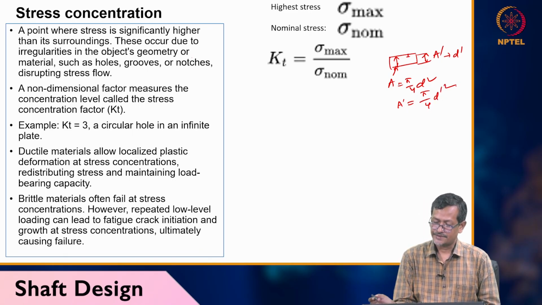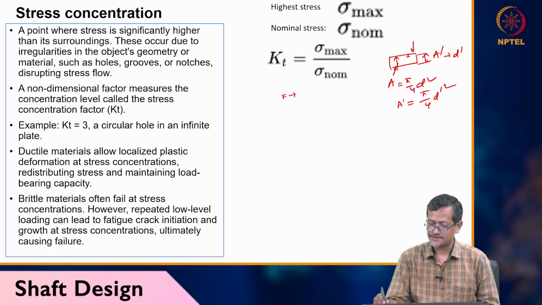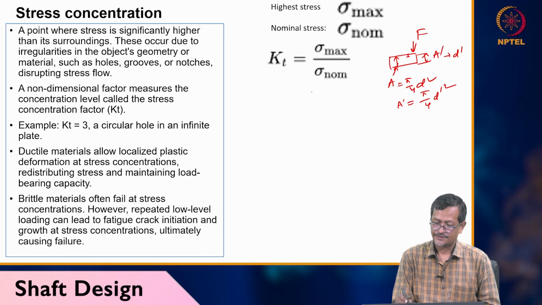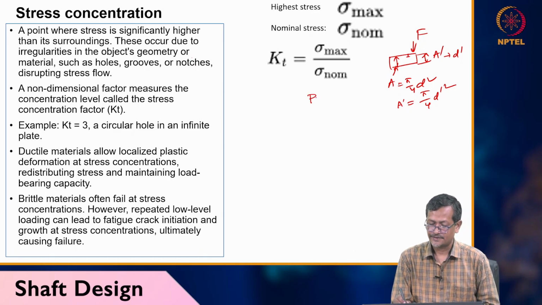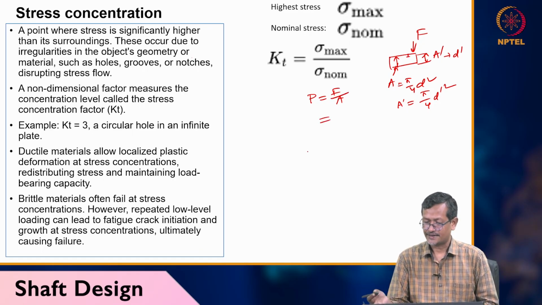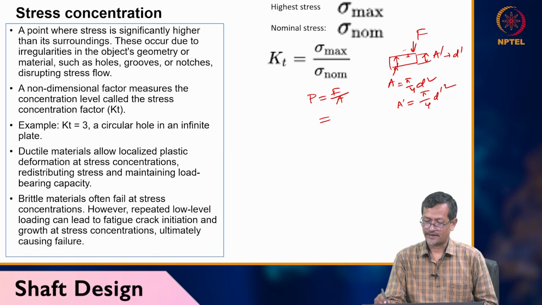So what is happening? If the force is the same, say this is the applied force, then the stress developed will be F by A. In the second case, where a crack has developed, the area is reduced. Area reduces means stress increases.